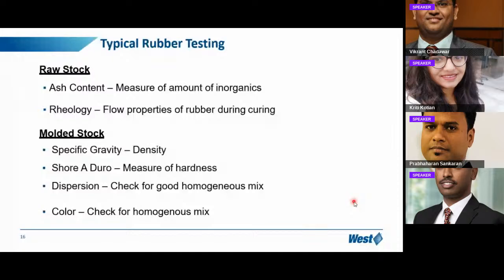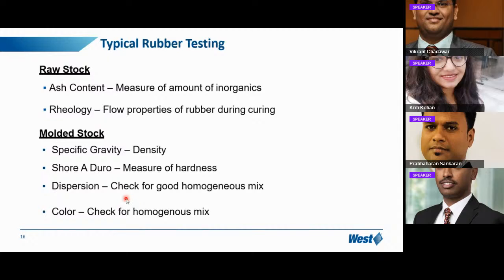For the molding stage, we generally check the specific gravity, which is the density of the material. Then Shore durometer, which measures the hardness. So what is the hardness of that stopper we need? That is also a check we generally do for each lot.